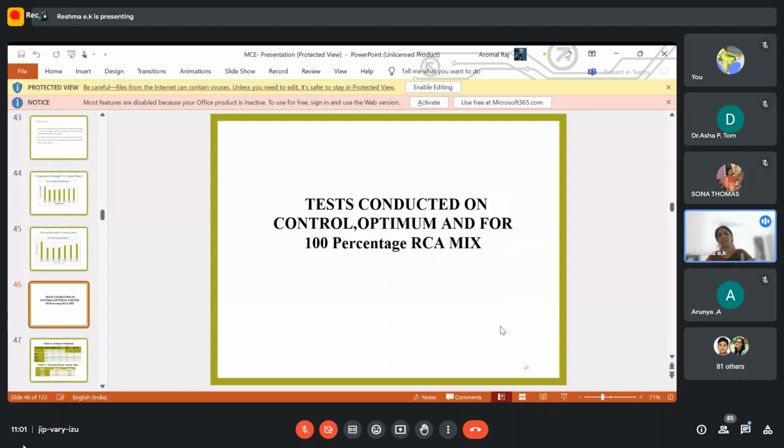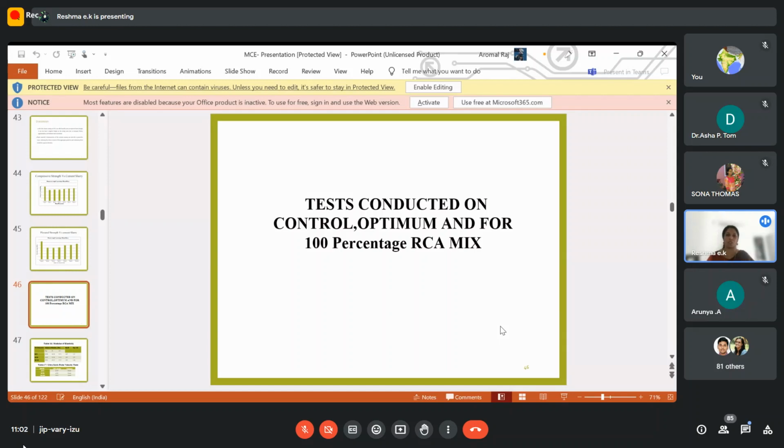Whatever studies I have done, because I cannot conduct all the tests on all the mixes, I've taken only the control mix, where I used 100% NCA. Optimum refers to the RJ mix with 50% replacement.